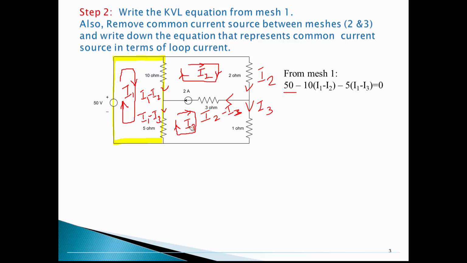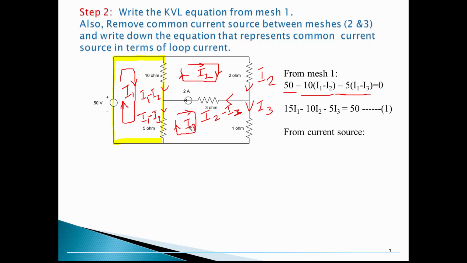Loop current and branch current are both the same, so minus 10 times (I1 minus I2). Then coming to the next one, the 5 ohm. The 5 ohm has a branch current of I1 minus I3, which is also in the direction of the loop current, so minus 5 times (I1 minus I3) is equal to 0. Then you rearrange this equation, you may find 15 I1 minus 10 I2 minus 5 I3 is equal to 0.